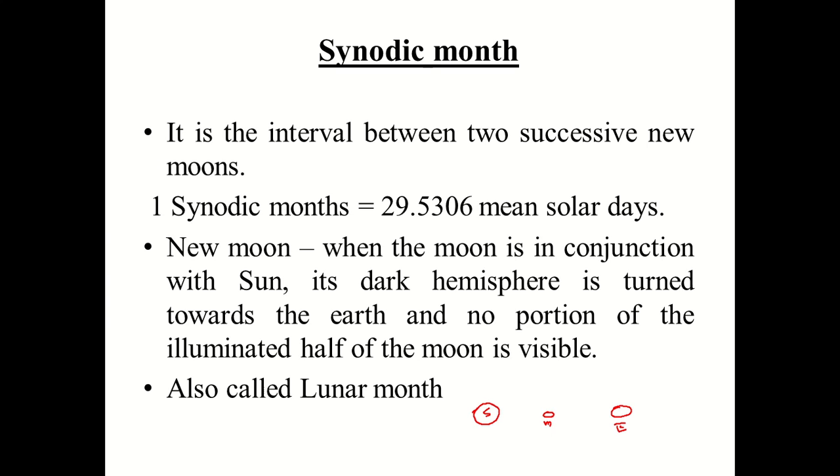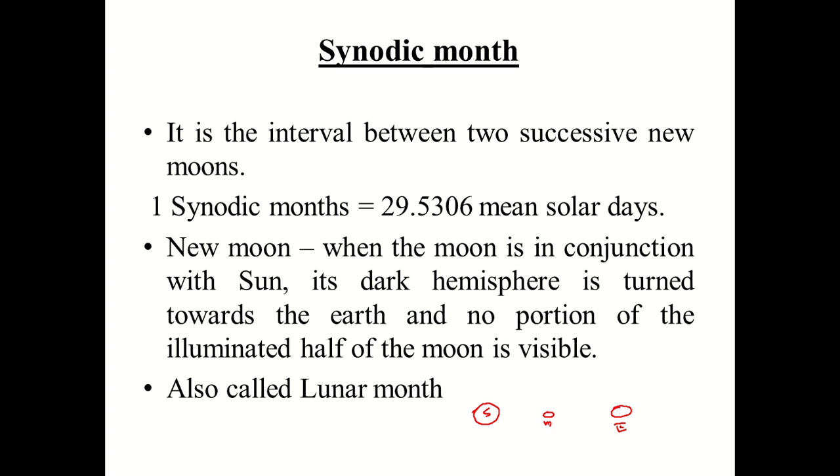Now we can see the illumination of the moon from earth when the light from the sun reaches the moon and is reflected back to earth, so we can see the illuminated part of the moon.